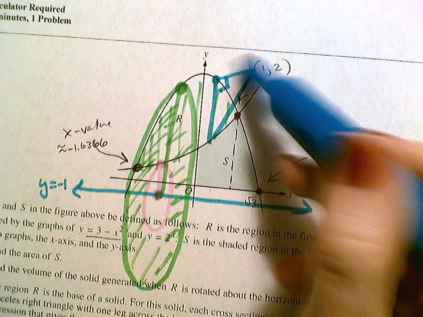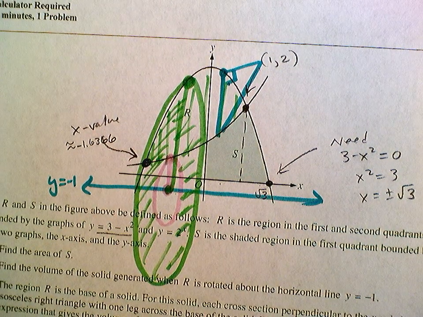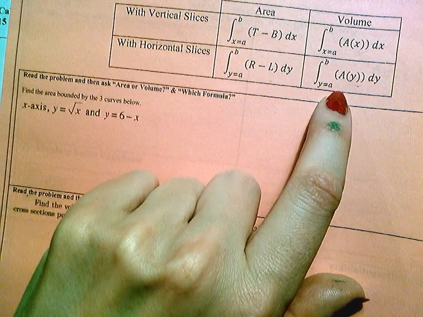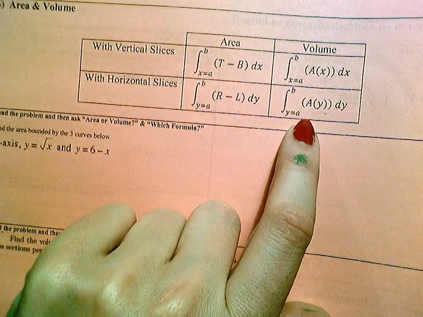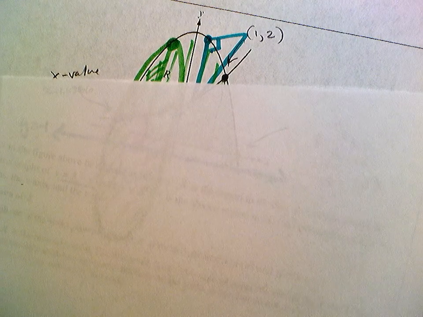So there's like infinitely many of those coming up out of R. All right, and this is again a volume problem. Thank goodness we don't have to use horizontal slices because that would involve us having to solve for x. So we're going to use this again. And let me move to this other piece of paper. Okay, so this is for part C.